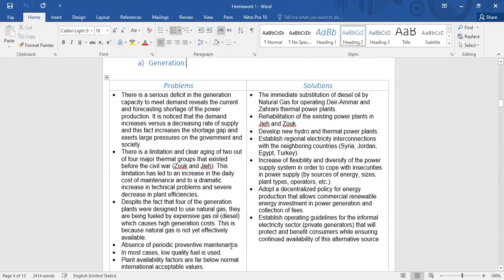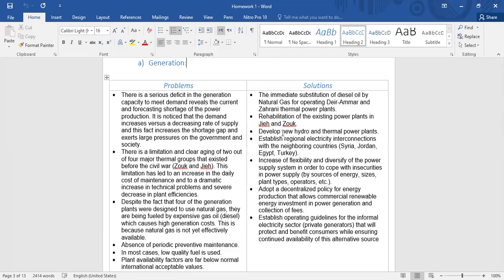Some solutions are the immediate substitution of diesel oil by natural gas for operating generators in Dar el Amar, Zahrani, and others. في عنا كمان إنه نعمل rehabilitation of existing power plants in Jiye and Zouk. وفي establishment of regional electricity connection between other countries like Syria, Jordan, Egypt, and Turkey. وفي also increase the flexibility of diversify of the power supply system in order to cope with insecurities in power supply.